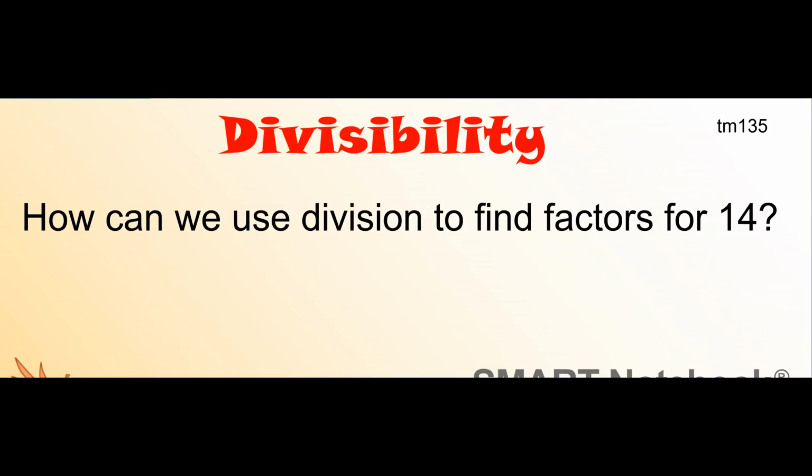Another way to find factor pairs is to use divisibility. How can we use division to find the factors of 14? We can divide 14 by every number up to 14 and find all the numbers that can evenly be divided into 14. So 14 divided by 1 equals 14.